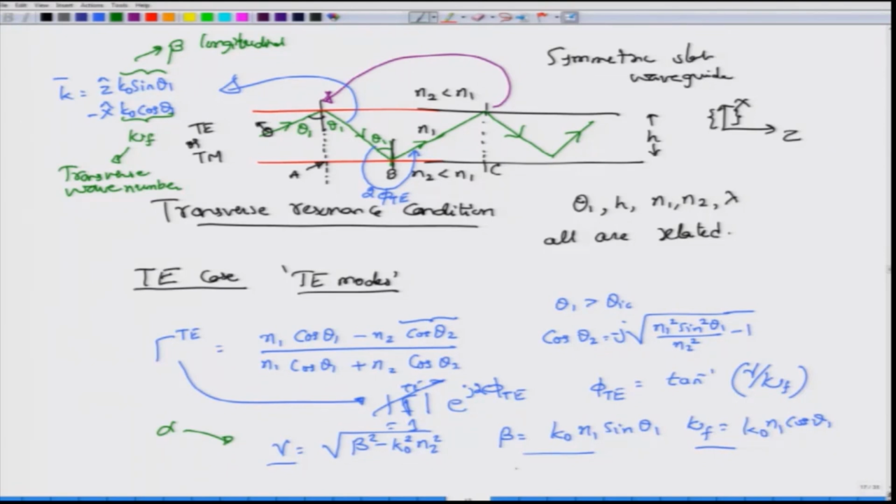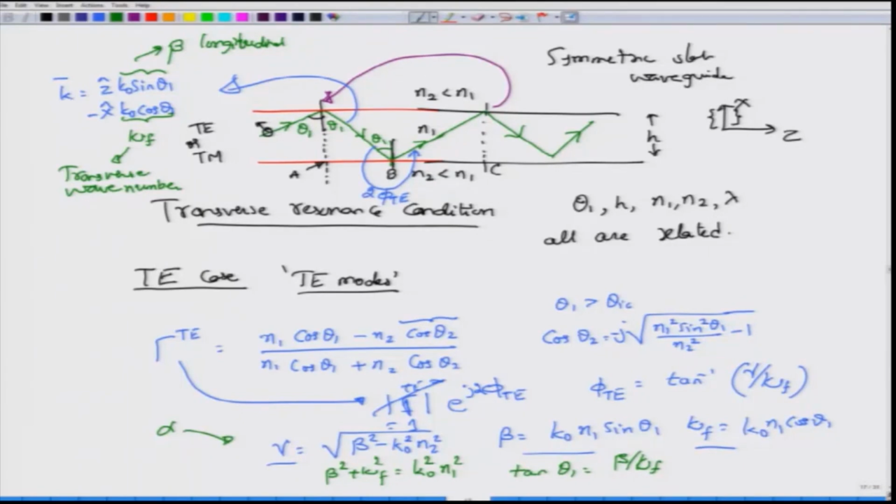You can also show that tan of theta 1 is equal to the ratio of beta over kappa f, and that beta square plus kappa f square must be equal to k0 square n1 square. So, we know all this. If you do not know this, then please know this. These are simplified notations that I am using to denote these expressions.